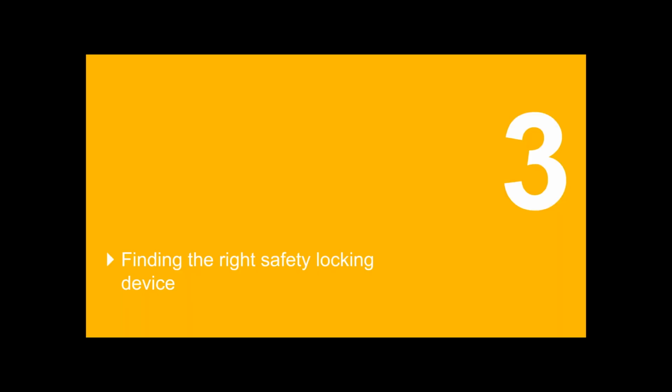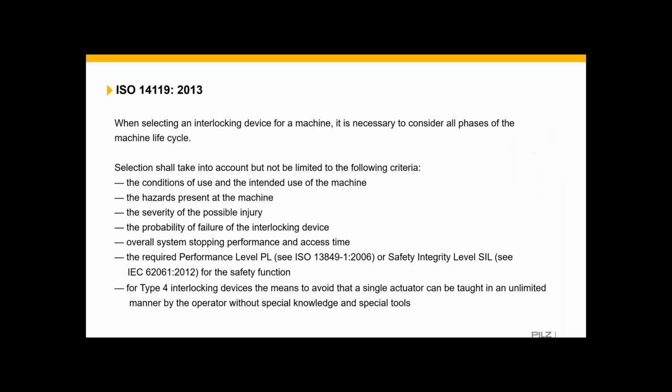So finding the right safety locking device. When selecting an interlocking device for a machine, it's necessary to consider all phases of the machine life cycle, and selection shall take into account, but not be limited to, the following criteria.